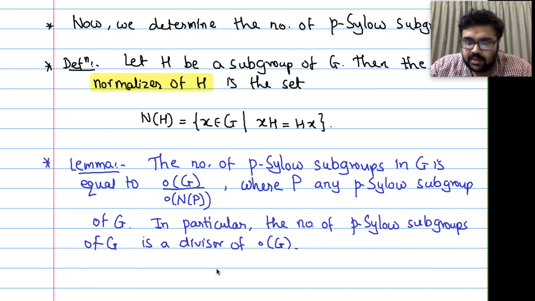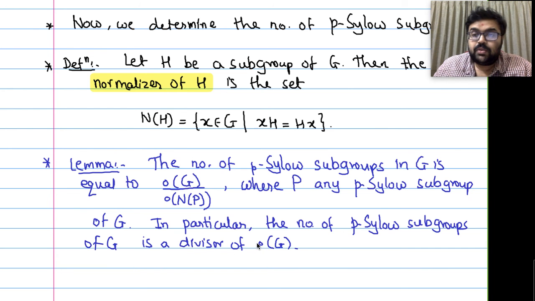I'll tell you why. The number of p-Sylow subgroups in G is order of G upon order of N(P), where P is any p-Sylow subgroup. So if we find one p-Sylow subgroup, then we can find N(P), and then order of G upon order of N(P) gives the exact number of p-Sylow subgroups. For that we need to find one p-Sylow subgroup, or at least we need to find the order of N(P). So that is why, for examples, it is not much useful.